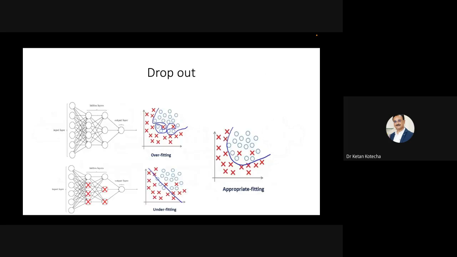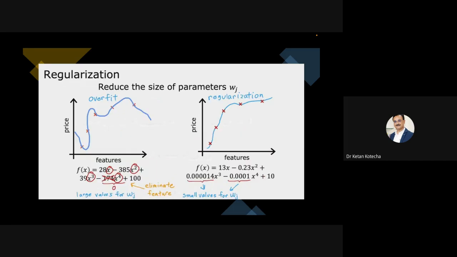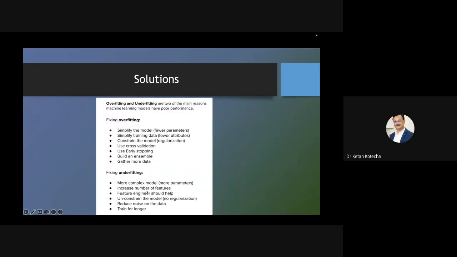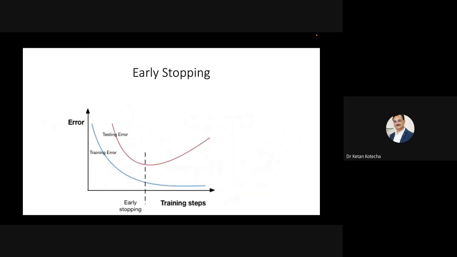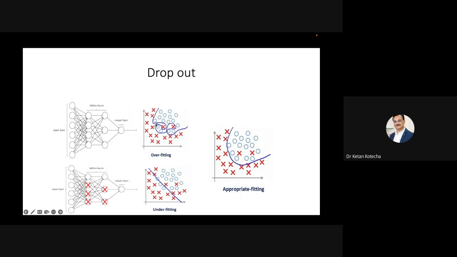Oh, I'll skip this. This is not for you. Oh, sorry, one more method. Let me go and tell it. Oh, it's not written here. But one of the methods is dropout. So this was a neural network which we trained, but if you cut some of the network parameters, just switch them off, then it also really helps in avoiding overfitting.